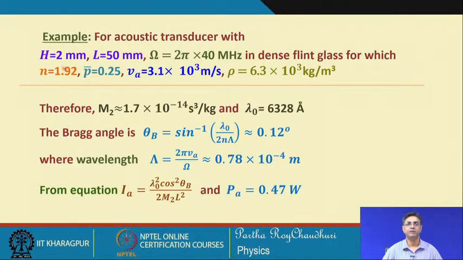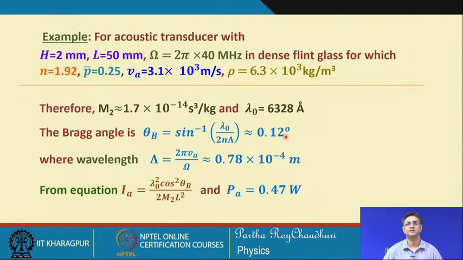With these parameters we can calculate. For a typical value of the figure of merit of, let us say, 1.7 times 10 to the power of minus 14, which is again a practical number, and for a helium neon laser wavelength of 6328 angstrom, the Bragg angle comes out to be approximately 0.12 degree, which is very small.